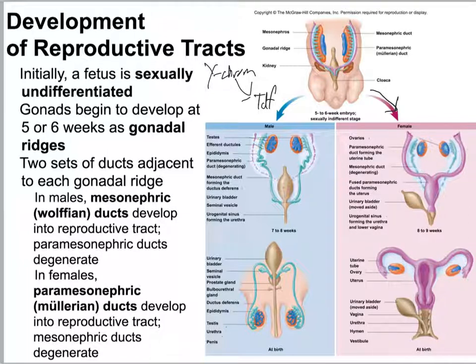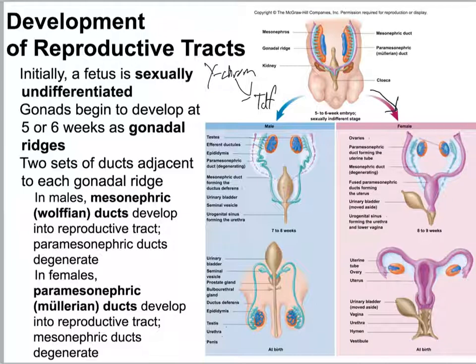If we go further down, to basically an at-birth state, the testes, which initially form in the abdomen, descend into two separate pouches that will eventually become the scrotum. And the penis develops around the urogenital sinus, basically the urethra.